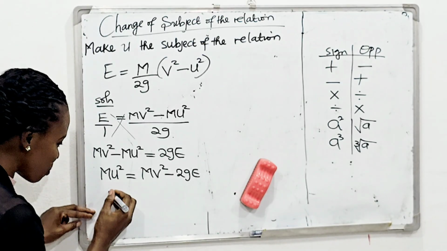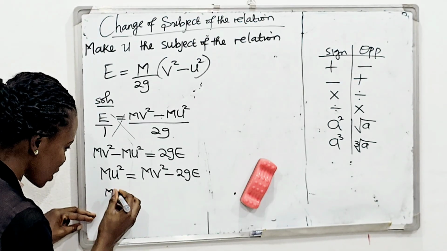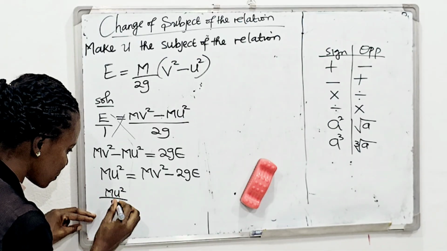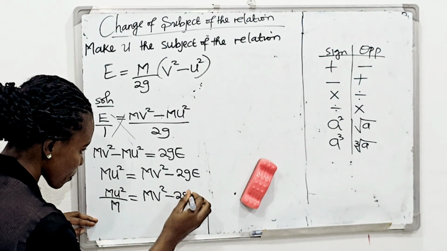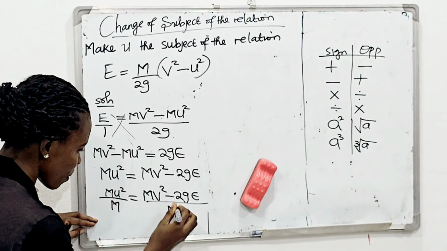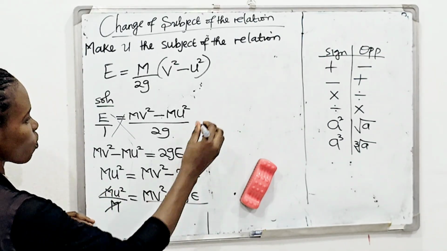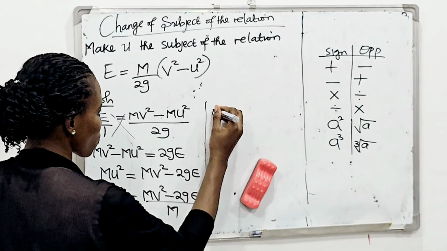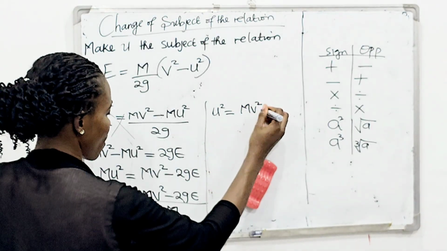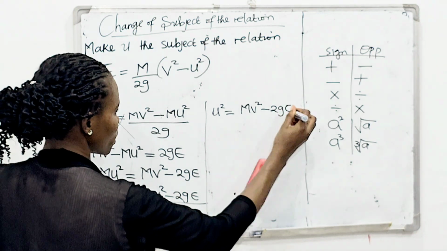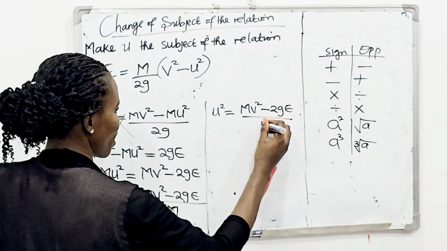M. So I will divide both sides by M, so that this will knock off this. So we are left with U squared is equal to MV squared minus 2GE all over M.